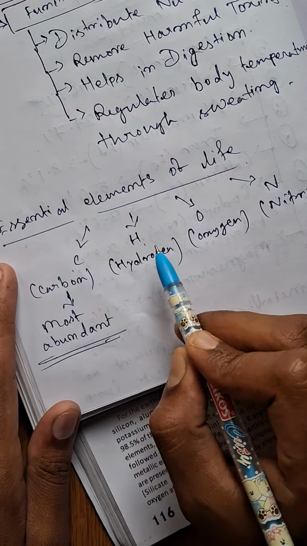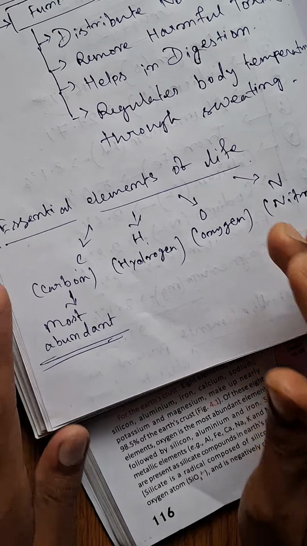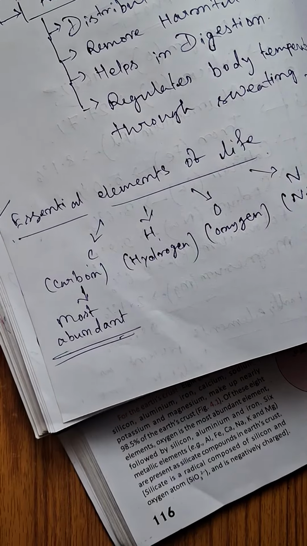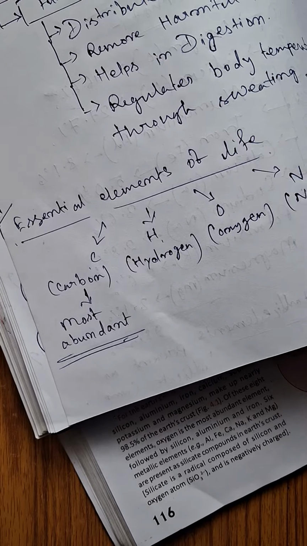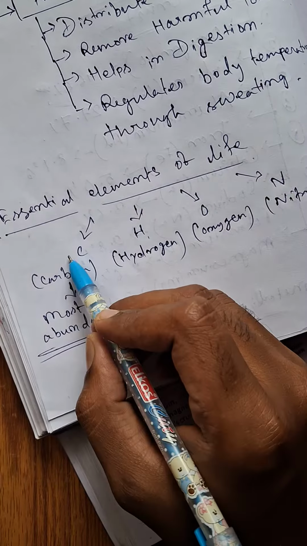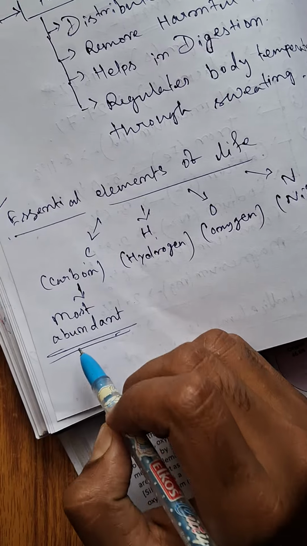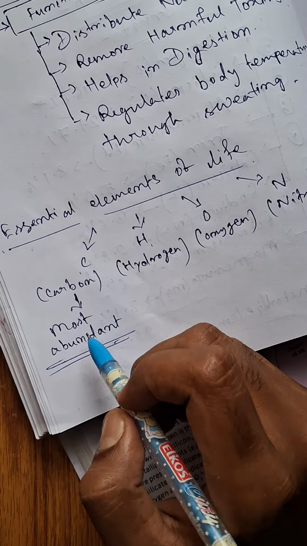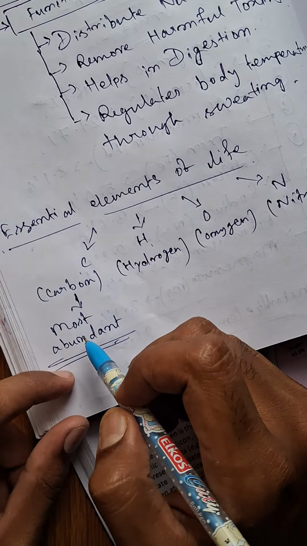These four elements are majorly present in our body. Of these four, carbon is the most abundant element present in our body.